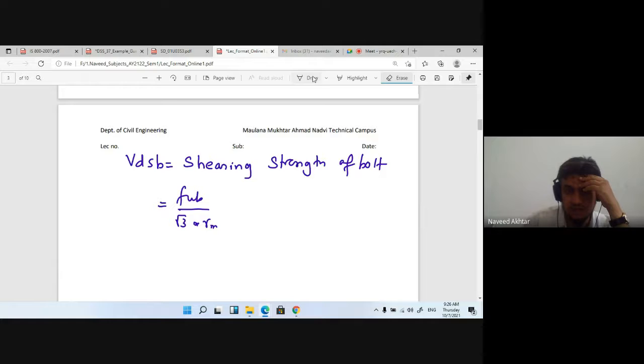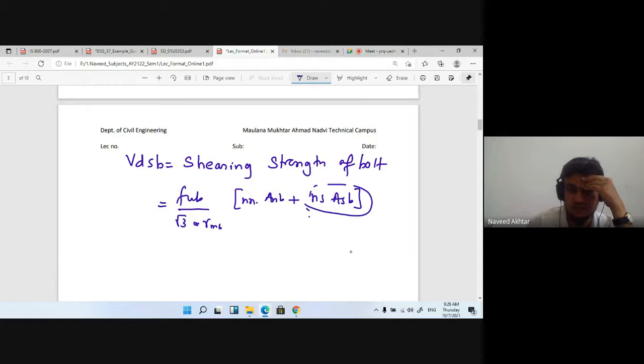Or if it is a bolt material, you can write gamma MB. Clear or not? Okay, into NN ANB plus NS ASB.